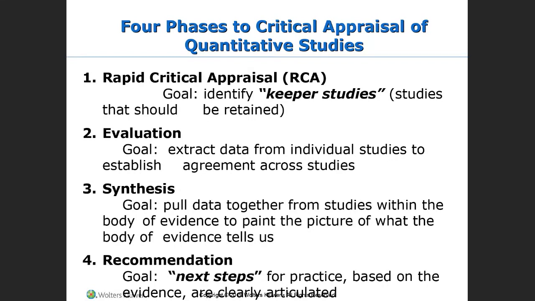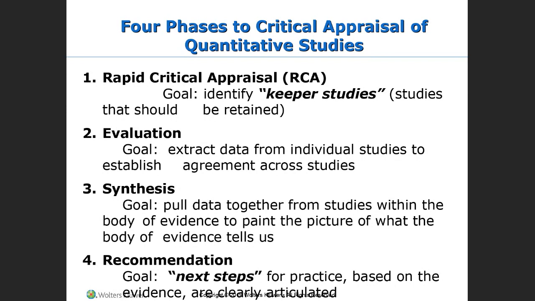Once you decide if they are worth looking at, then you will evaluate the studies and extract data from them, which includes the specific information from them. And then you'll look at those. If you have multiple studies to look at, you'll look at the agreed information across all the studies. And then the third phase is to synthesize all that information into one body of evidence and paint a picture of what the body of evidence tells us.